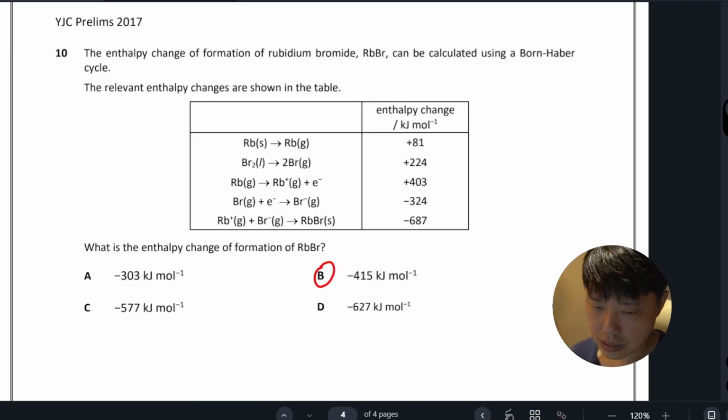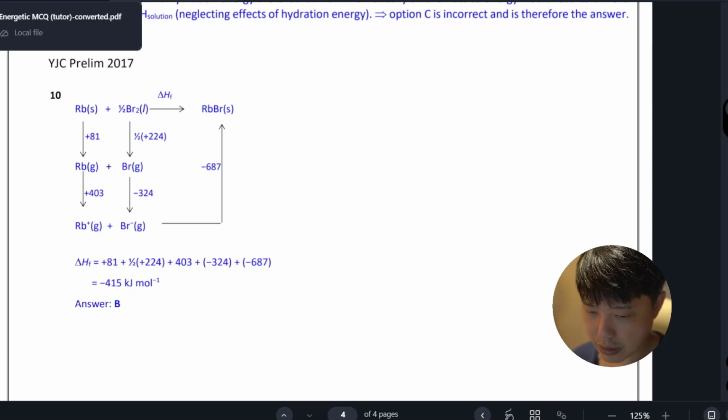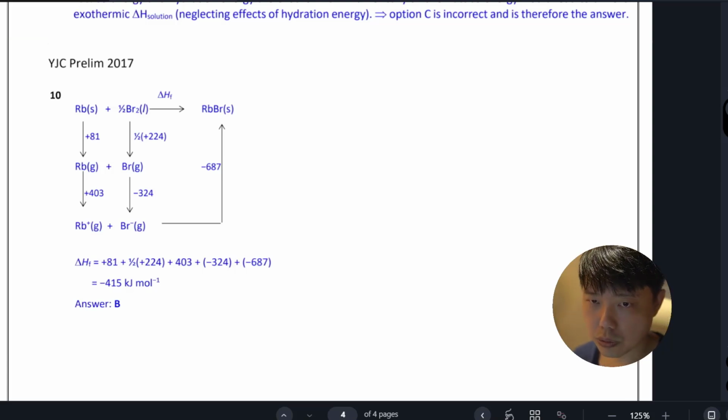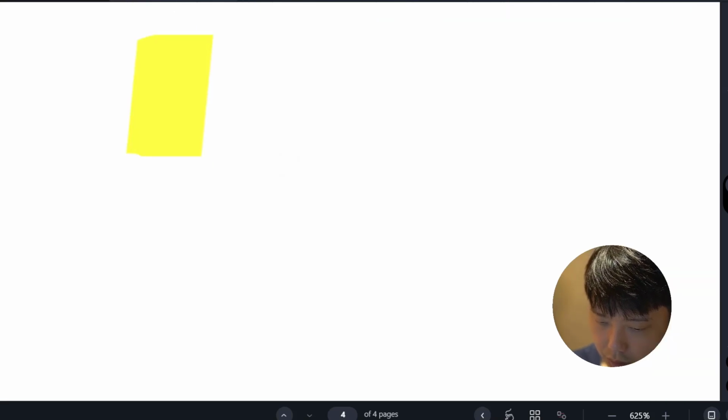Okay, so the last question from YJC. You have this table of data. Basically, you are supposed to do the Born-Haber cycle and calculate the answer. So here is B. Let me quickly show you the Born-Haber cycle. So this here is the Born-Haber cycle. You're supposed to calculate delta H formation.